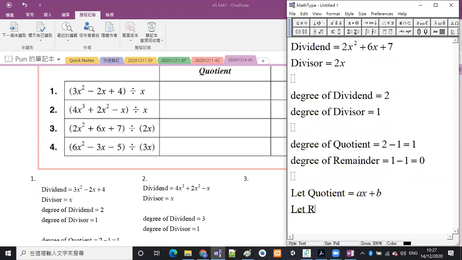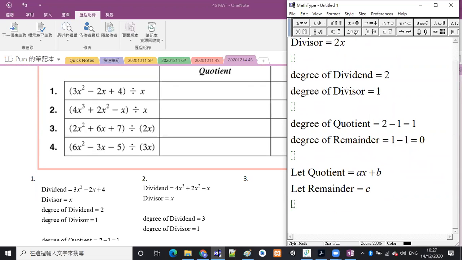And let the remainder be, because the degree is equal to 0, just a constant c. After this, we can formulate the equation by using the division algorithm. So that should be the dividend, 2x squared plus 6x plus 7, is identical to the divisor times the quotient plus the remainder.